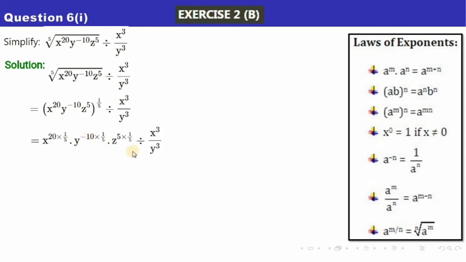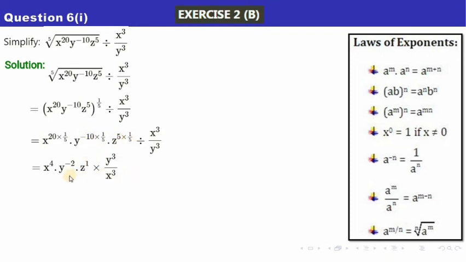Now I'm converting this division into multiplication, and if I do that, then this will turn upside down. So this y cube comes to the numerator and this x cube goes to the denominator. Now we know that this is x to the power 4, this is y to the power minus 2, and this is z to the power 1.